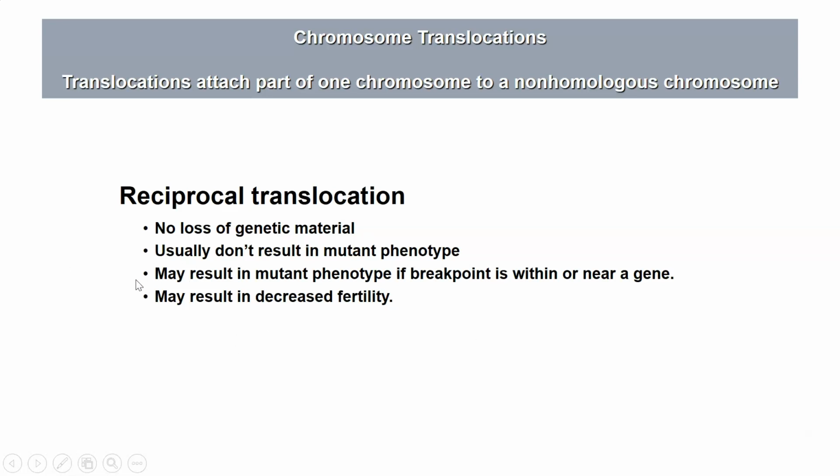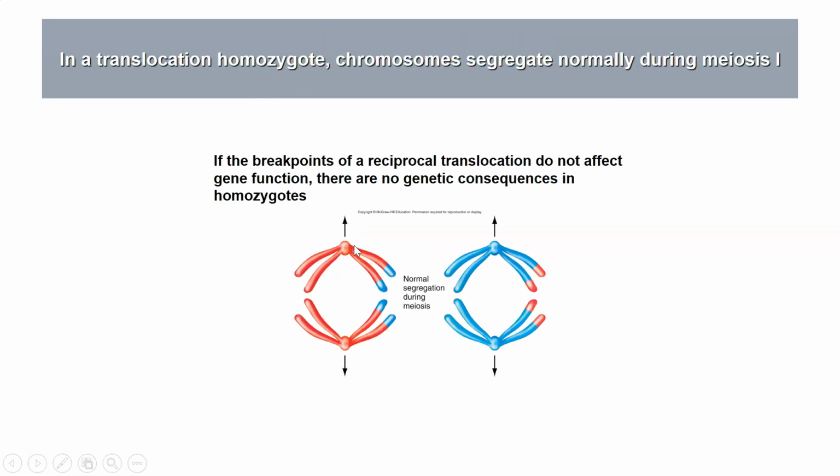But, like for inversions, if the breakpoint involved in swapping between these two chromosomes is within a gene or near a gene, this may result in a mutant phenotype. So this is showing the situation for an individual that is homozygous for a reciprocal translocation in which both chromosomes have translocated segments, and so there's no change in dose for any of the genes, and normally this would not have much of a phenotype.